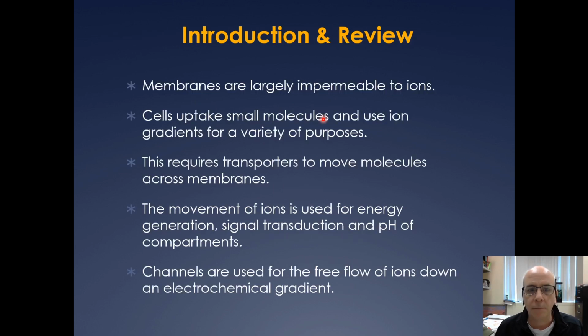Okay. So as we talked about when we were covering membranes, they're largely impermeable to ions. Yet cells need to uptake these small molecules, and they also use ion gradients for a variety of purposes, right? If you think about the proton gradient across the mitochondrial inner membrane, that's used to generate ATP.